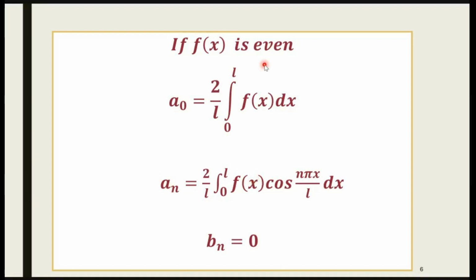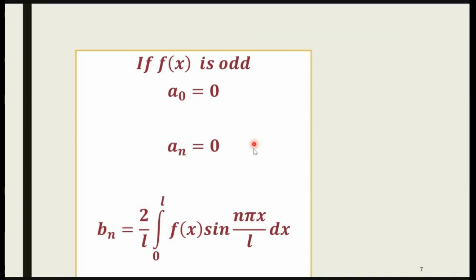If the function is an even function, same concept what we have done for minus pi to plus pi, same way a0 will become 2 by L integral 0 to L, an will become 2 by L integral 0 to L, and bn will be equal to 0. If f of x is an odd function, then a0, an are 0 and bn is 2 by L integral 0 to L fx into sin n pi x by L. Okay?